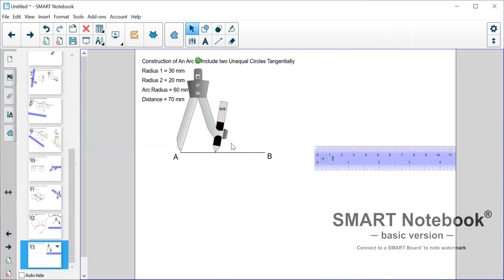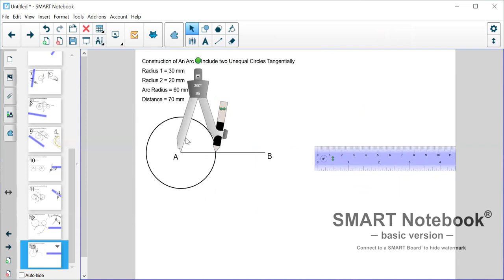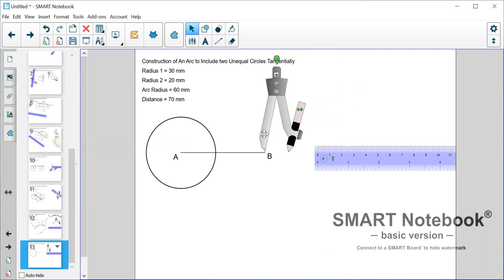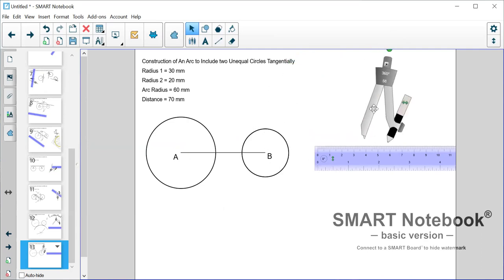And again, I'll remind you that accuracy is very important in this particular construction. Right, if you're not accurate, the arc will not touch the circles tangentially. All right, so you need to be precise. The other radius, R2, is 20. So we come here and we draw the other circle. Good.